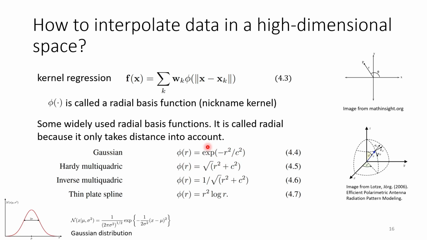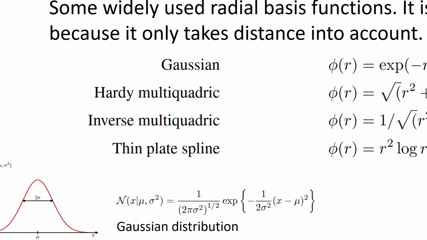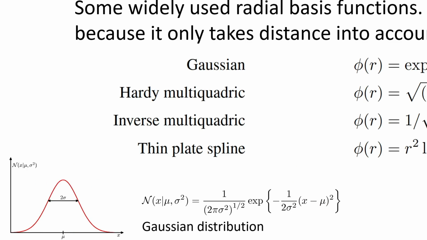Why is it called Gaussian? Because there is a Gaussian distribution. Okay, the shape of the Gaussian distribution in one dimension looks like this. It is a bell shape, and the equation for the probability density function is like this.